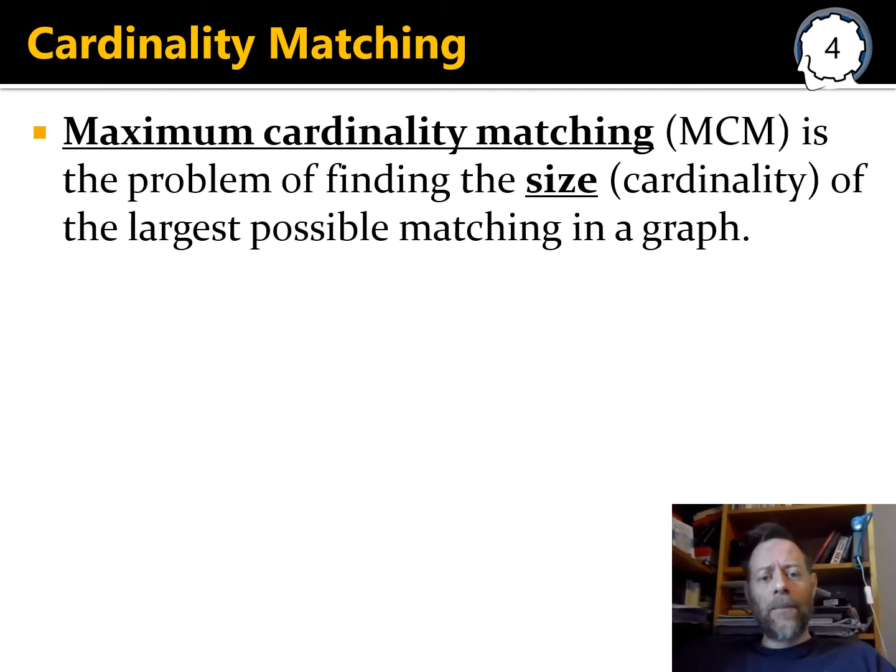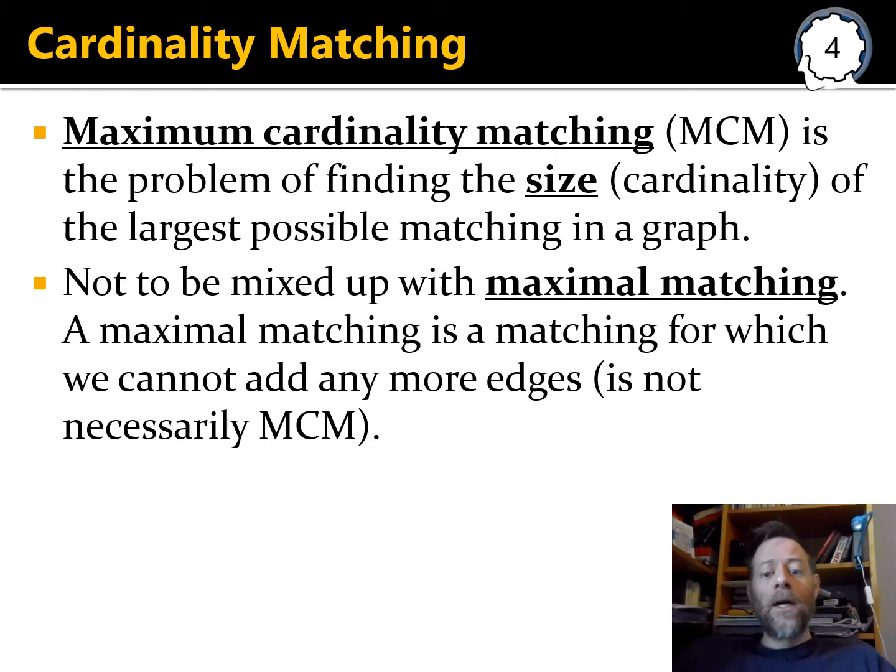Now we might be interested in a number of different things. Of course, we're interested in finding a matching or all the matchings, but normally what we're interested in is finding a maximum cardinality matching, which is the matching with the largest size, the most edges that we can find in a particular graph. This is different from a maximal matching.